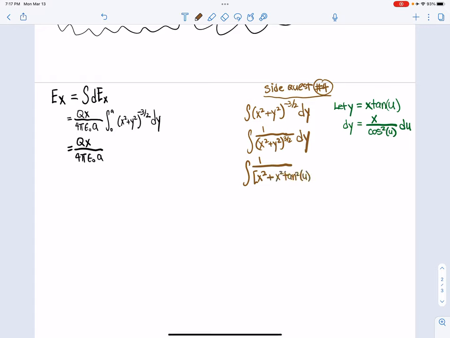Because we let y equal x tangent of u, so y squared is x squared tangent squared of u. And that was to the 3/2, right? I'm going to multiply that by dy, which is now x over cosine squared of u, du. Okay?